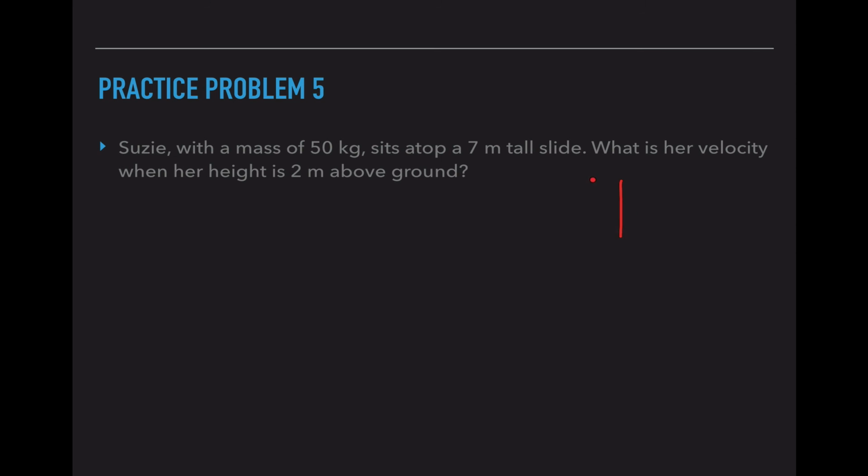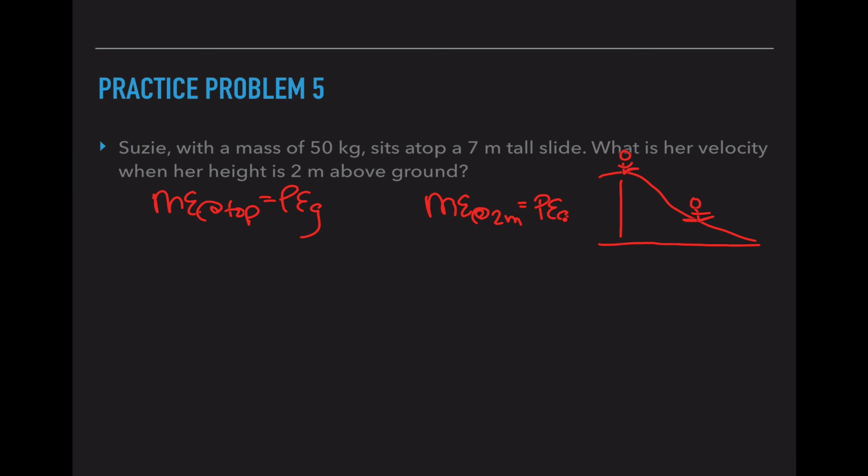So if this is our picture, we have that special slide that ends at the ground. This is our before placement, and this is our after placement. So at the top, she has PEG only. Her mechanical energy at 2 meters, she now has PEG and KE.